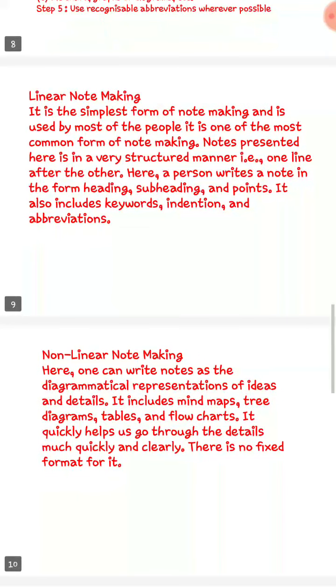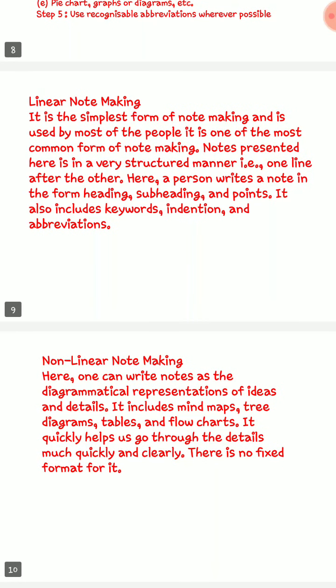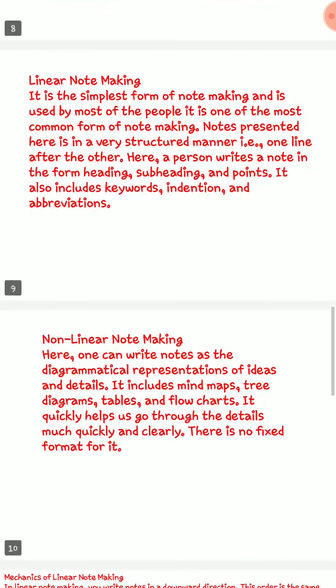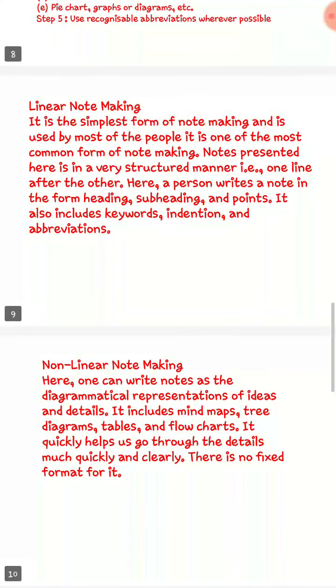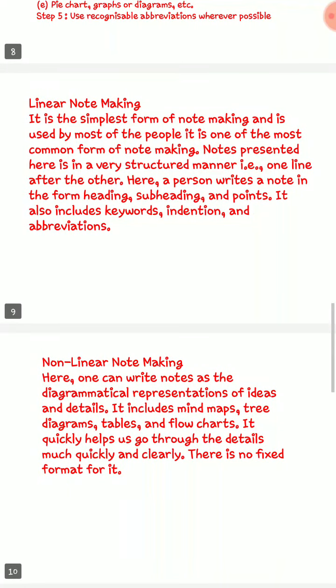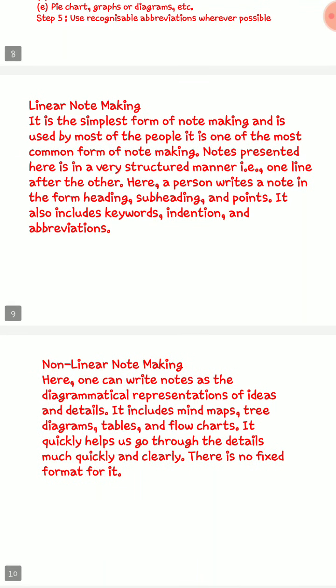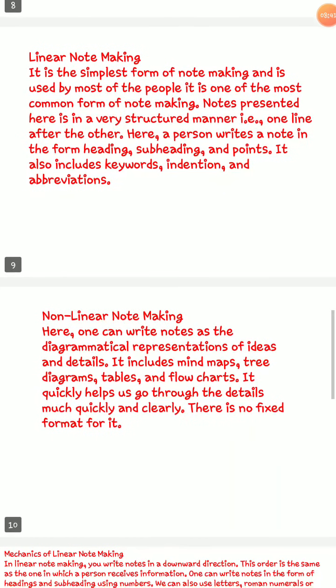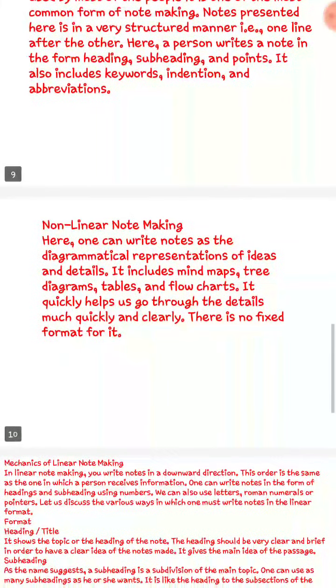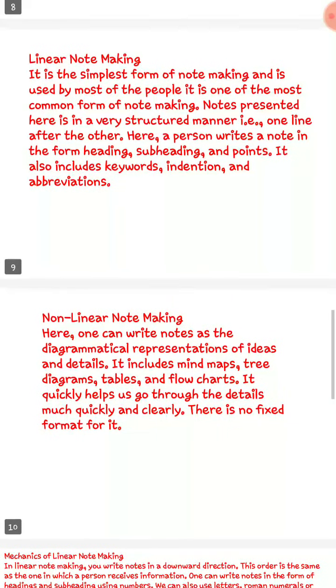And finally, recognizable abbreviations wherever possible are a must. For the words you abbreviate, try to identify those words and write them in a box, so that it will be helpful for the examiner when checking the copies.